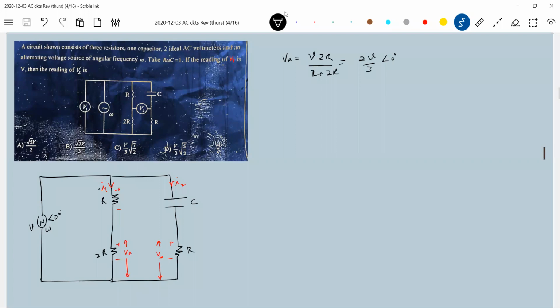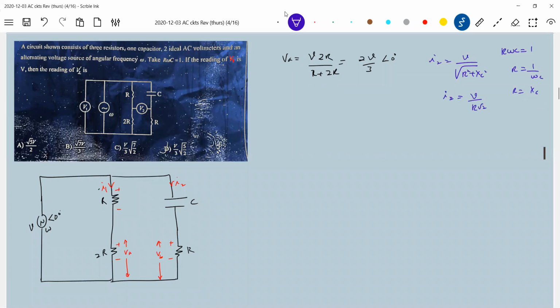Okay, let me get expression for current I2. So what is I2? I2 should be equal to V by root of R square plus X square. And we have information R omega C equal to 1. So 1 by omega C is XC, no? Therefore X equal to R. So this everything will end up V by R root 2.